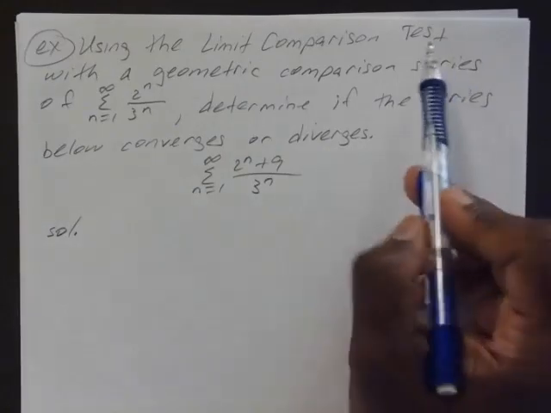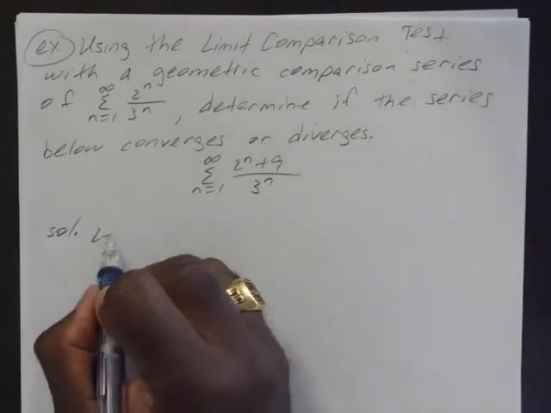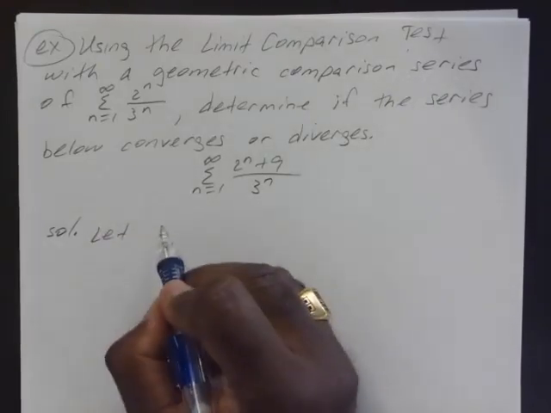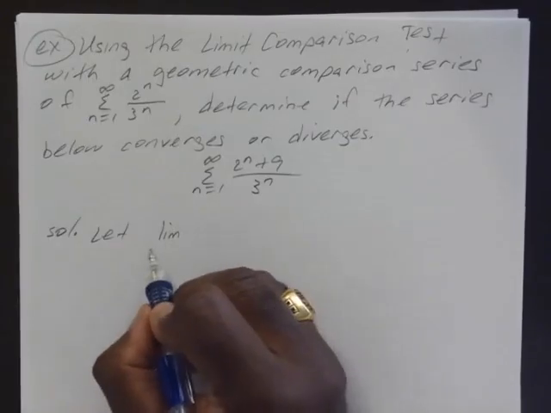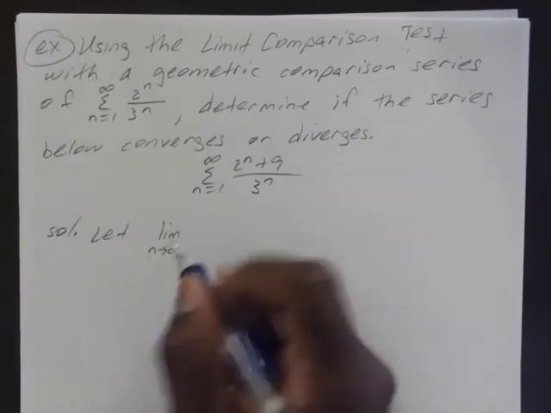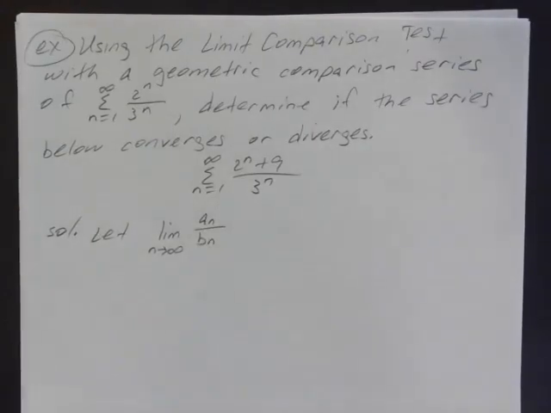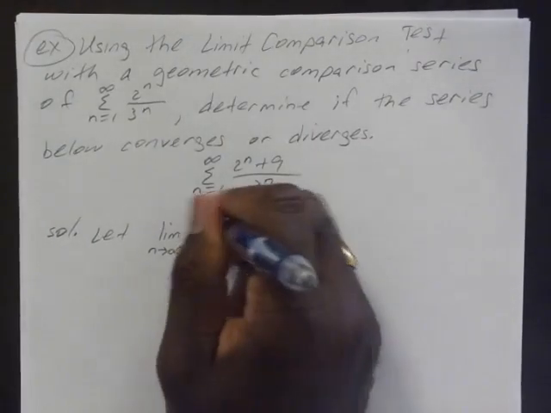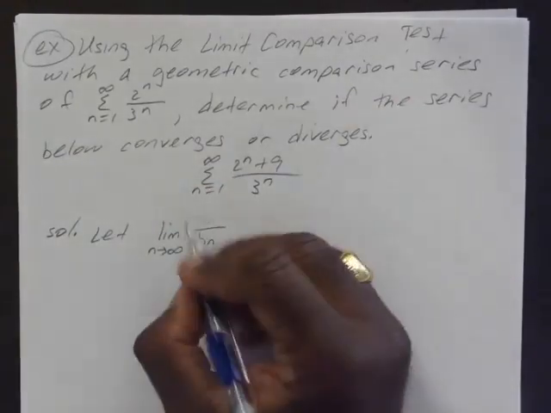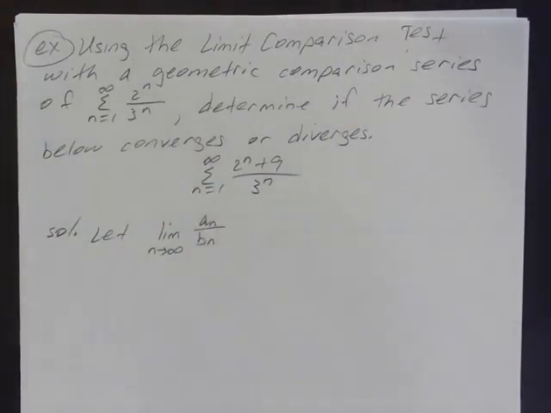So since we want to use the limit comparison test, we'll let the limit as n approaches infinity of a sub n divided by b sub n. Let me clean up that a. Looks a little too much like a 9 to me. There we go.